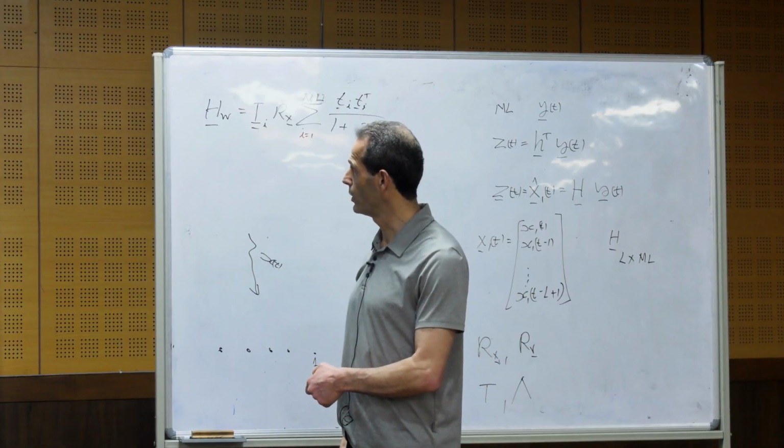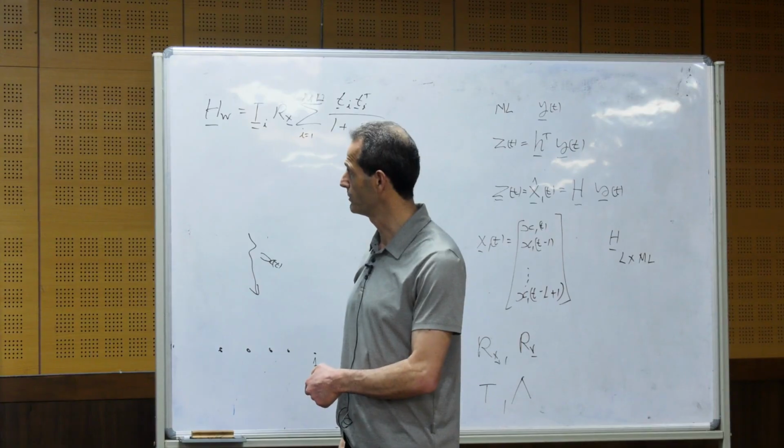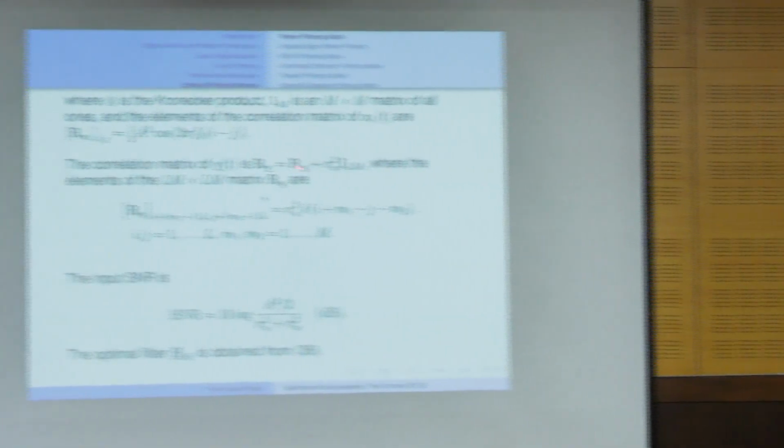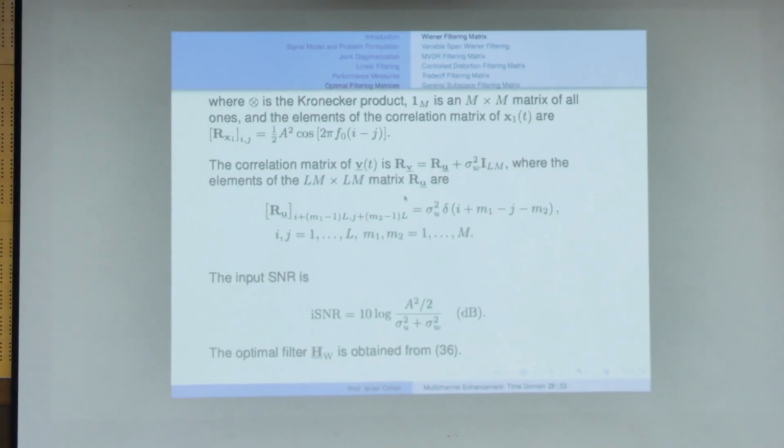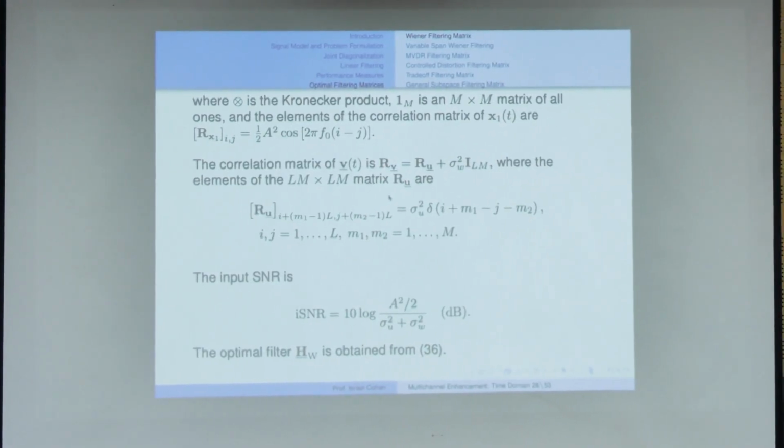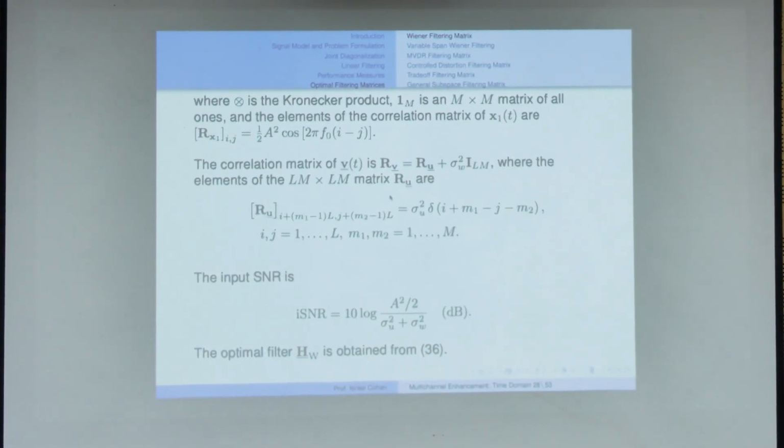So here we know all this. This is the contribution of the thermal noise, this is the interference, and together we have the correlation matrix of the noise.